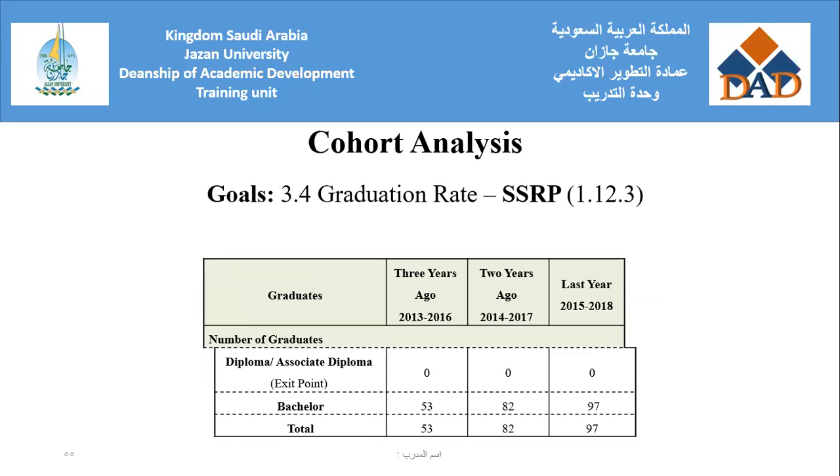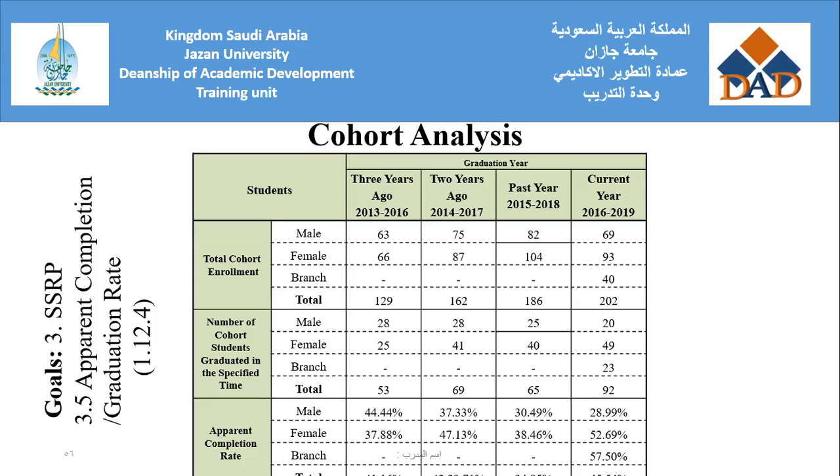Graduation rate. In the previous table we indicated that a total of 897 students passed, for the 2015-18 and 2014-17 batches. You can go to the e-register, take the cohort information from there, and then calculate. And this is the apparent completion or graduation rate table in the SSRP.